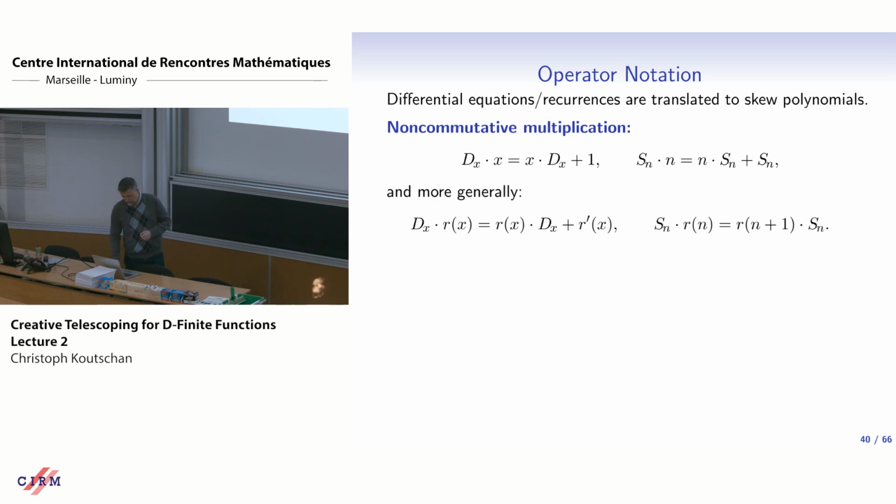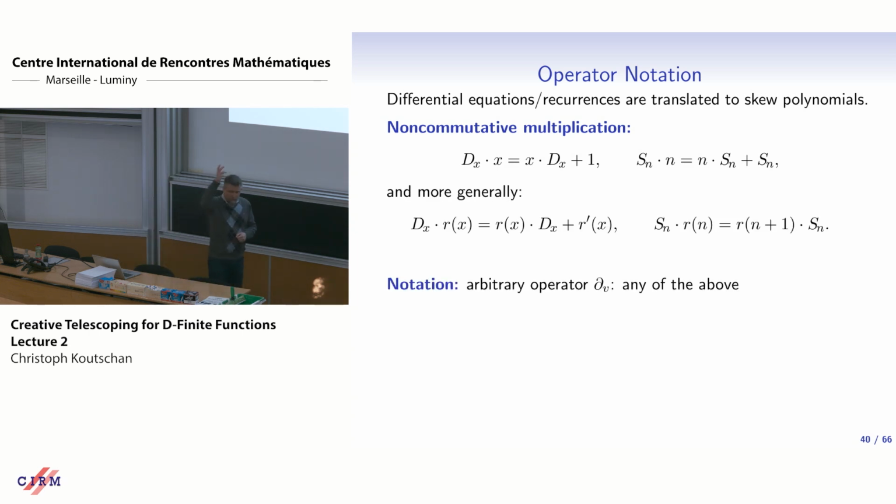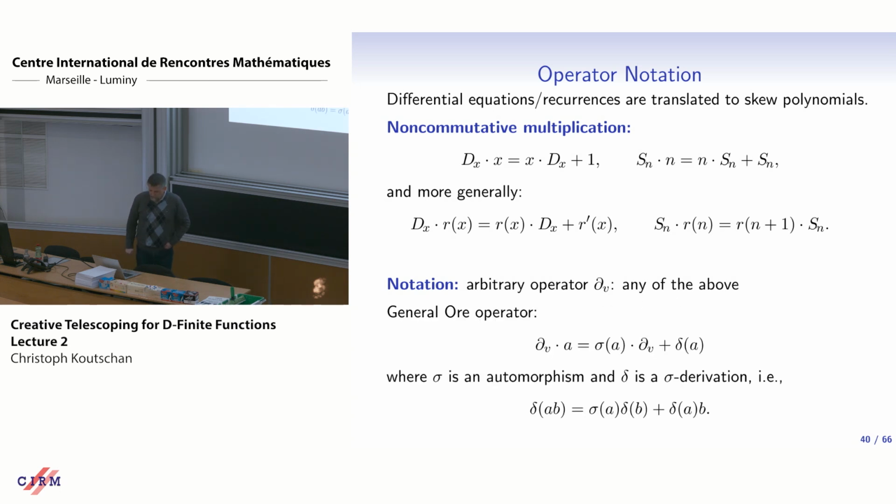So recall that this was the notation for operators. In some places, I will use a generic symbol if I don't want to specify whether it's the differential operator or shift operator. Then I use this partial symbol. And this is where the name Ore comes from. That in general, we talk about Ore algebras or general Ore operators that have a commutation relation like this.